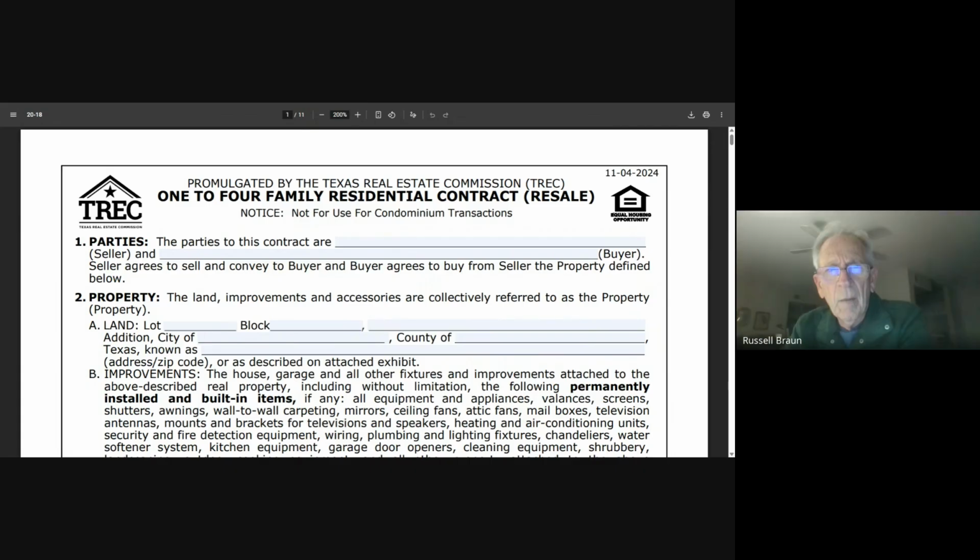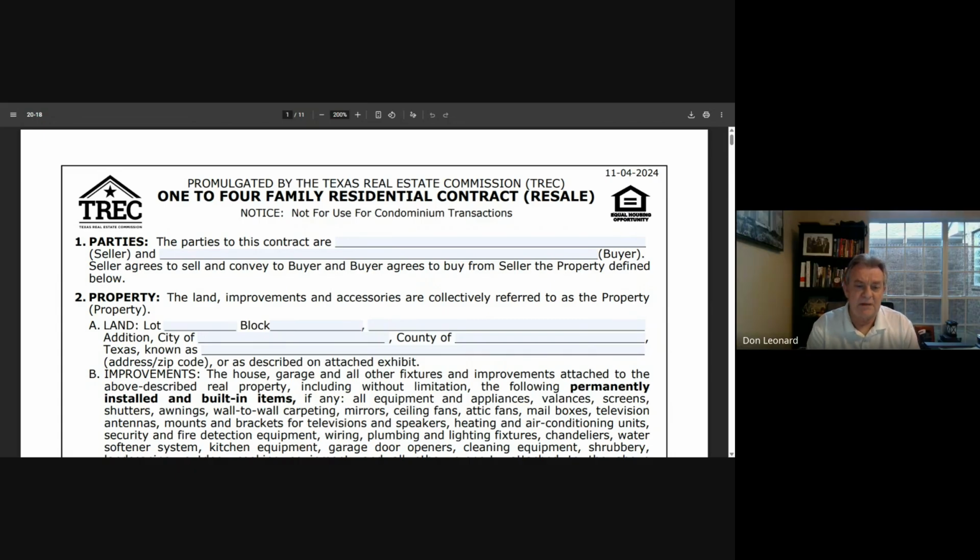Sorry, Russ. On paragraph 1, as far as the parties, is there certain verbiage you would use for either power of attorney or trust in there? Yeah, that's a good question, because we run into that. If it's a trust selling, then usually the name of the trust is going to be the seller. So here is not really where we start seeing changing names.